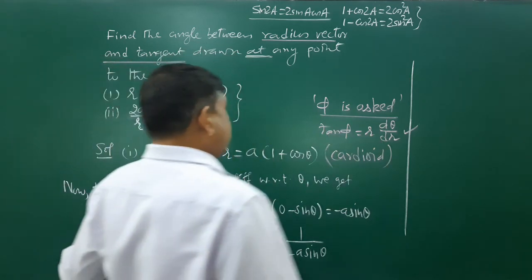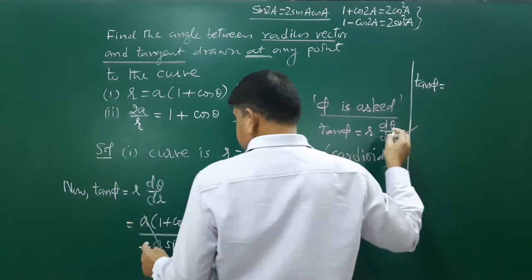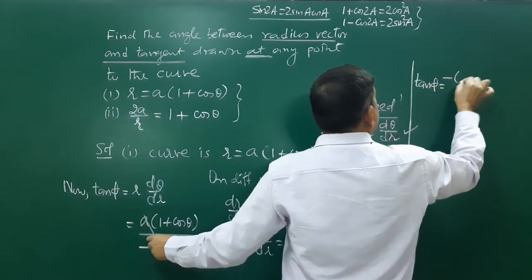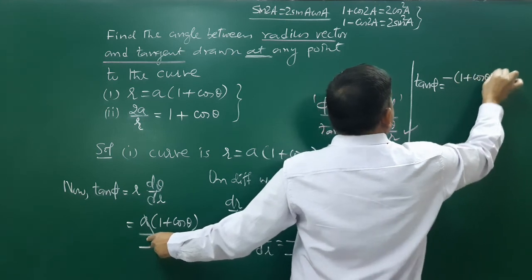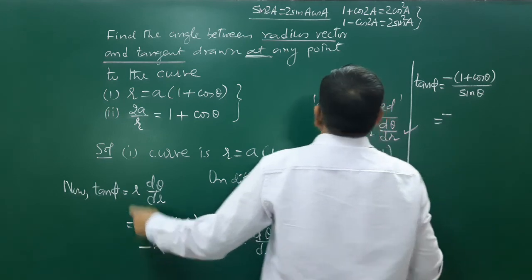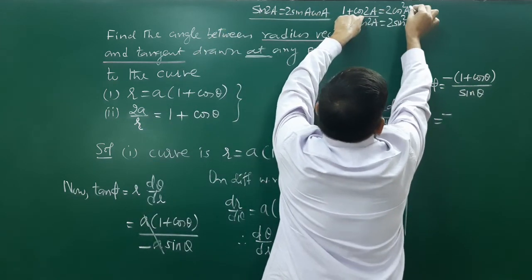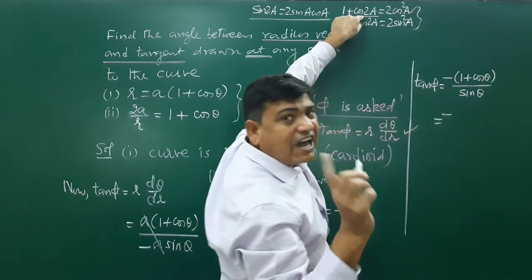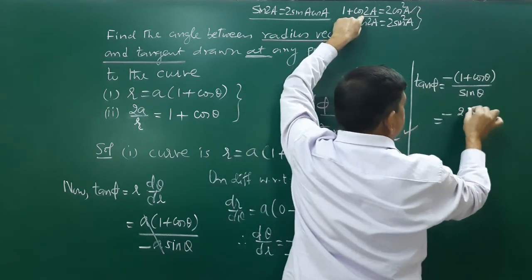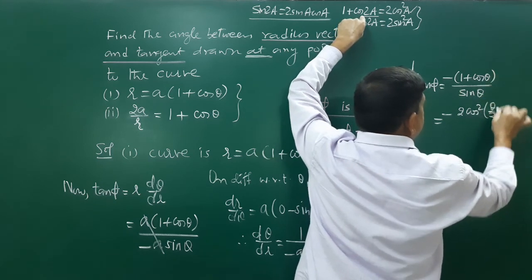So we are getting tan phi equals minus 1 plus cos theta upon sin theta. Minus as it is, this is 1 plus cos theta. It is 2a, then it is converted into a, that is half angle. So this is 2 cos square, half of this is theta by 2.